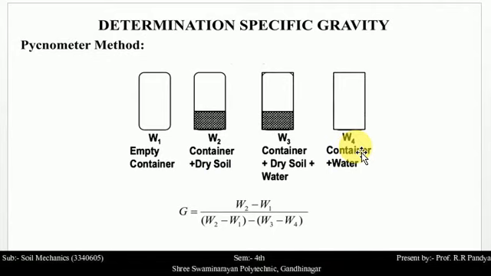To determine the specific gravity of soil, the equation is (W2 minus W1) divided by ((W2 minus W1) minus (W3 minus W4)). Put all the weight values in this equation so that you will get the specific gravity reading.